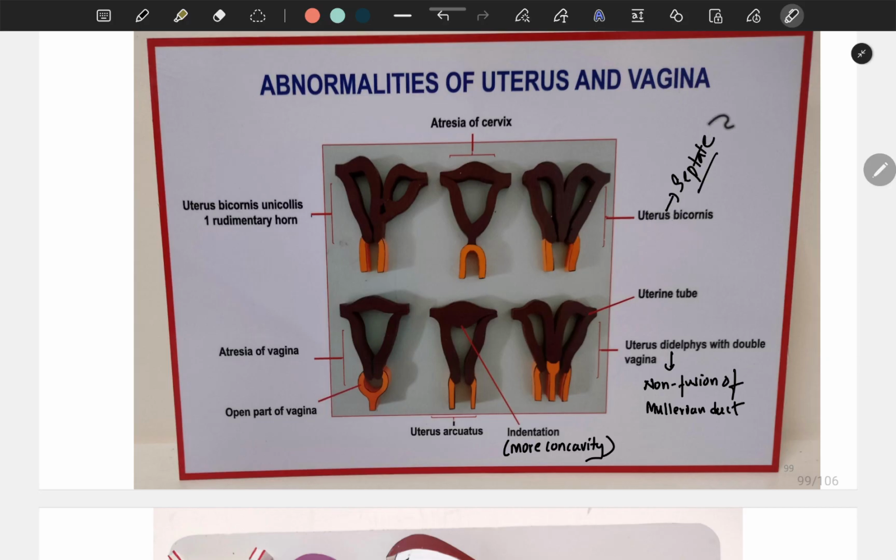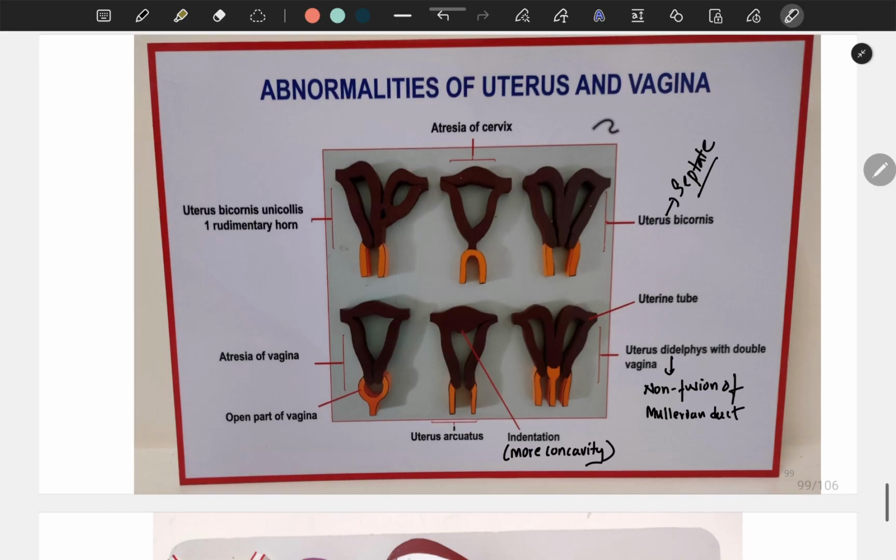Next, septate, also called uterus bicornis. Actually, how is this uterus formed? By the paramesonephric duct, right? Here one paramesonephric duct will come, another will come here. They will fuse, but here there will be a gap.